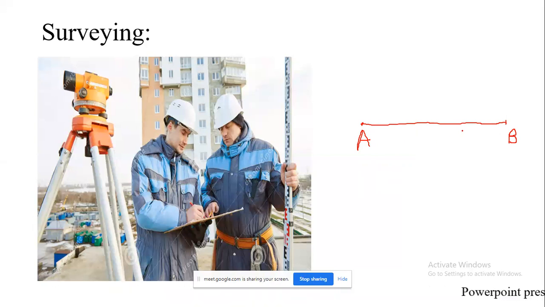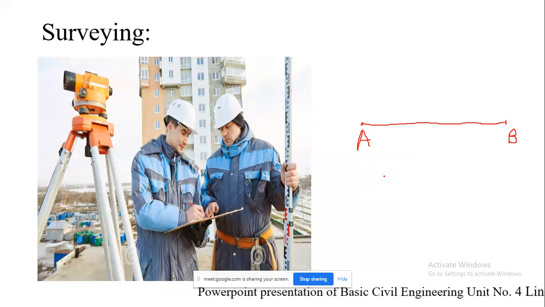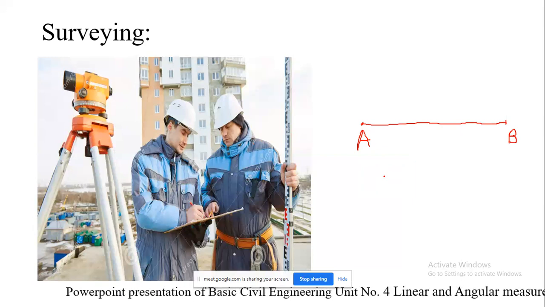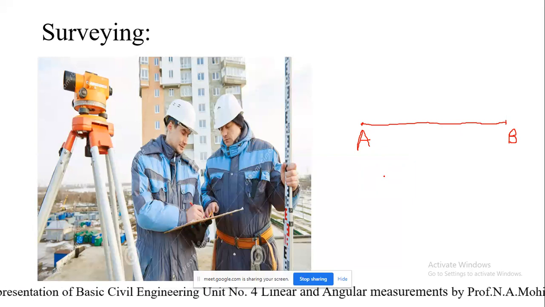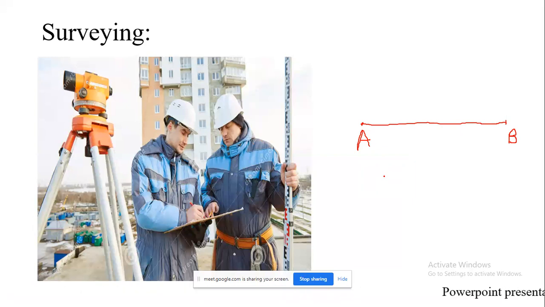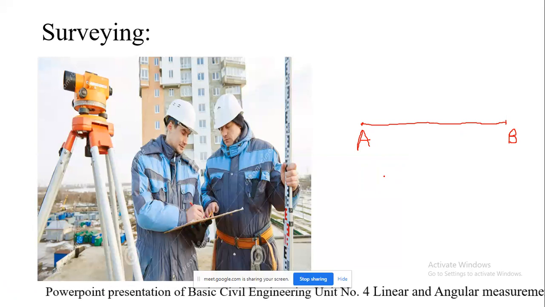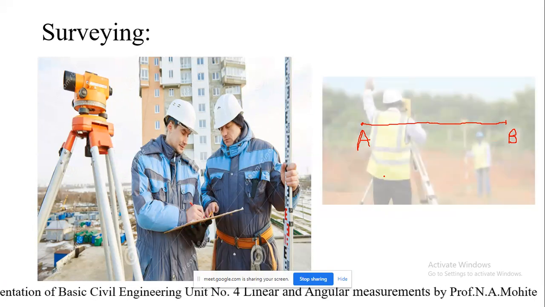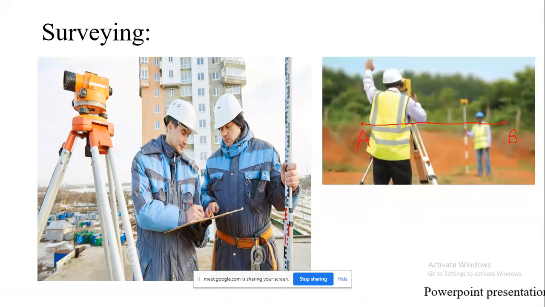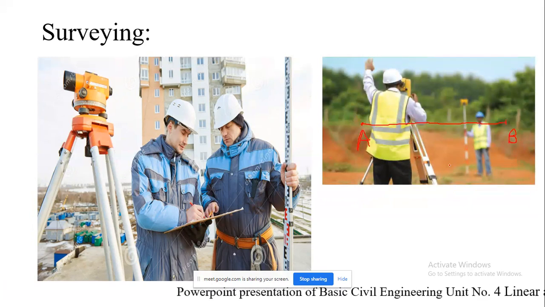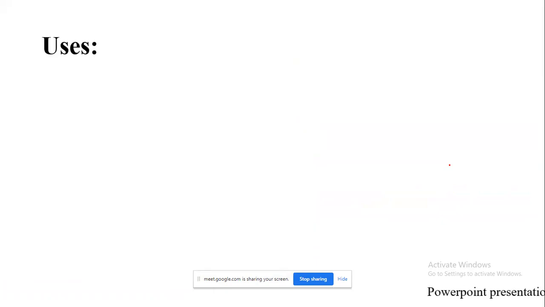Okay, so in the case of surveying, whatever measurements are to be done, we are dealing only with the horizontal plane. On which we are walking, that surface is nothing but your horizontal plane. So that is nothing but your surveying. You might have seen such persons likewise during road project work. So that is nothing but survey.